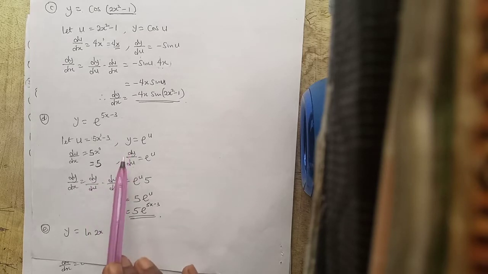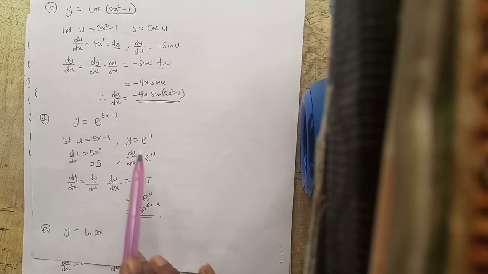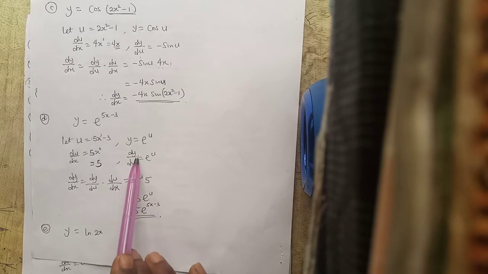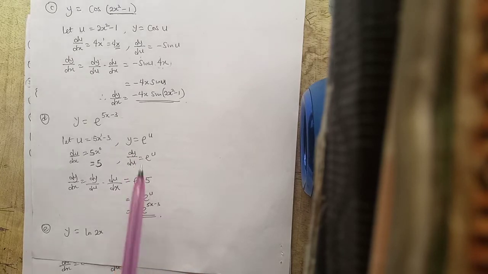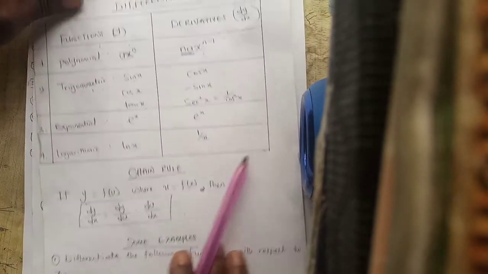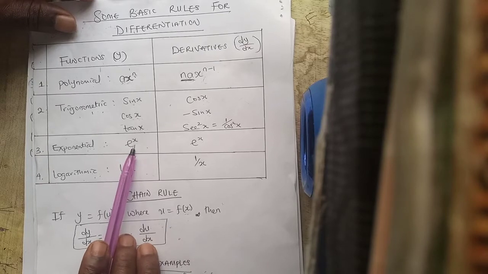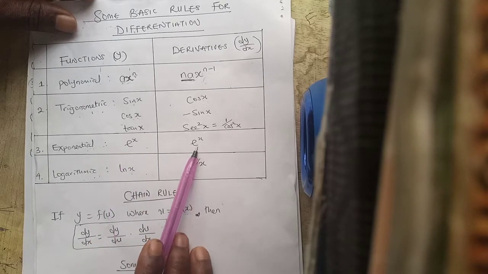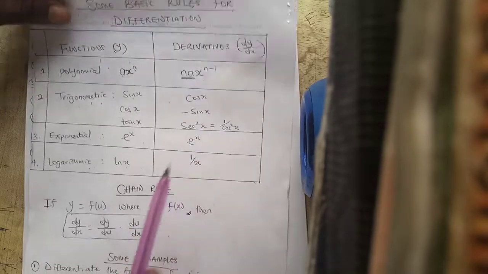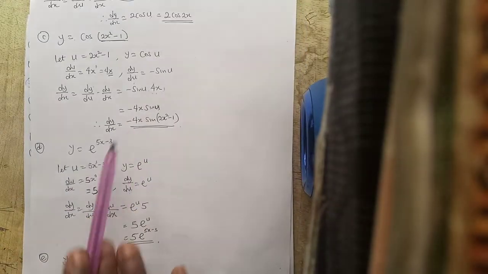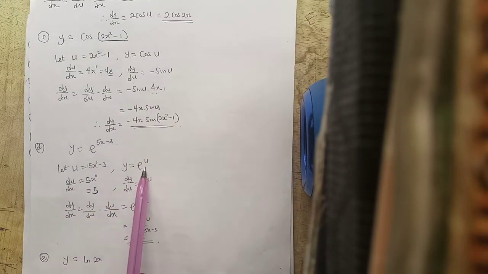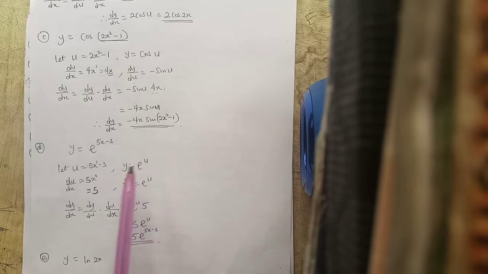The next thing for us is to differentiate y with respect to u, that is dy/du. From the table of differentiation, whenever we have exponential x, when we differentiate exponential x with respect to x, we are going to have back exponential x. So also, whenever we have exponential u, when you differentiate it with respect to u, you are going to have exponential u.